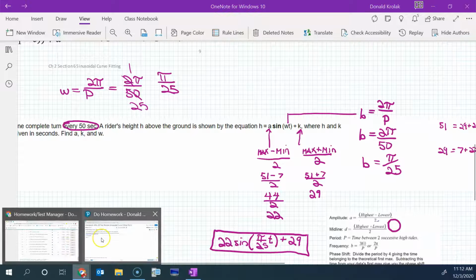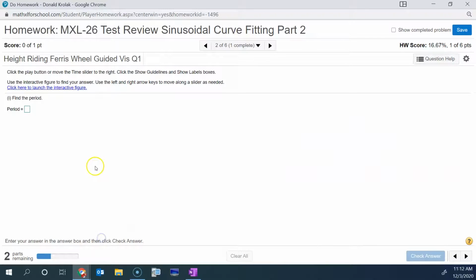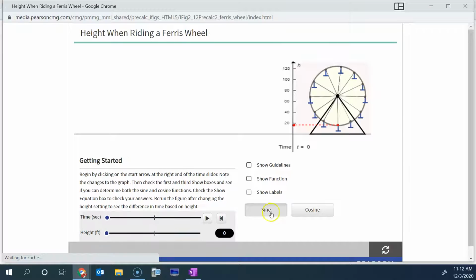Okay, now the next one, you're answering these animations. All right, so we want to find the period on this, so click that. Okay, you want to click sine, show the guidelines, show the labels.